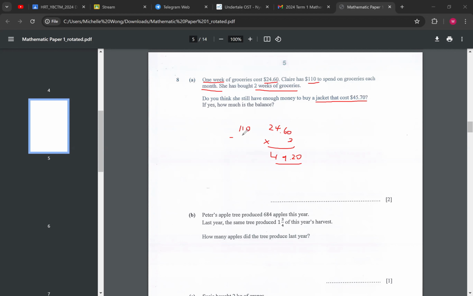So 110 minus 49.20, you will get 60 ringgit and 80 cents, which will be enough to buy the jacket. Taking 60 ringgit and 80 cents, minus 45 ringgit and 70 cents, you get 15 ringgit and 10 cents as the balance. So the answer is yes.